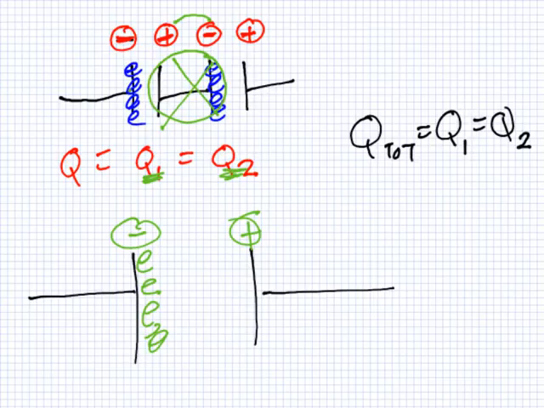And the way the capacitance adds together, you have 1 over C equals 1 over C1 plus 1 over C2, which I wrote here.